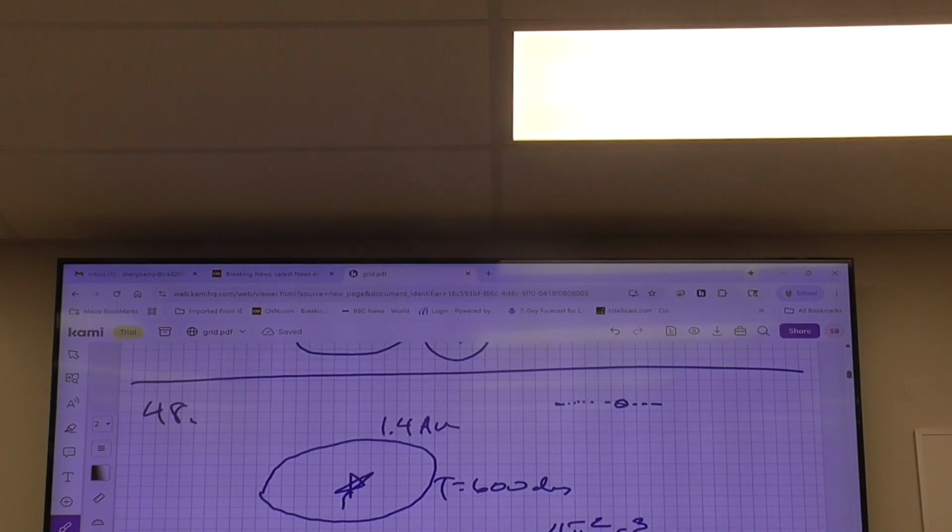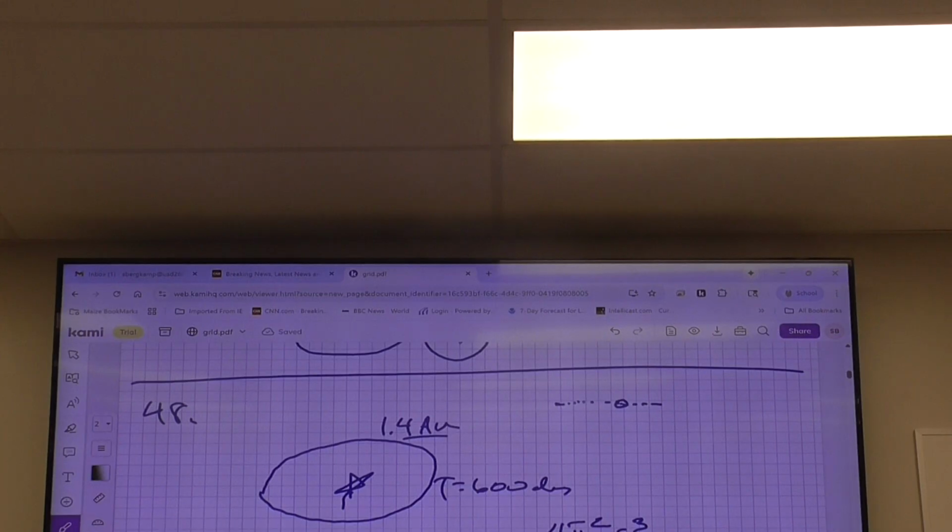You're told that the period is 600 days. You could take 600 days, convert that into seconds, and get a number. Then you could do the same thing with the radius.